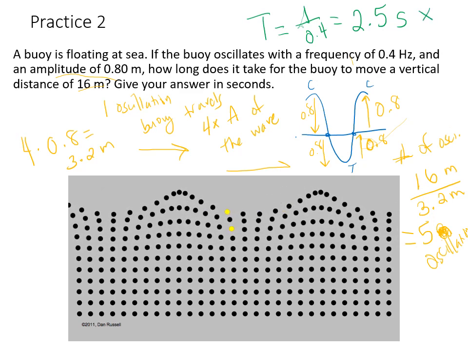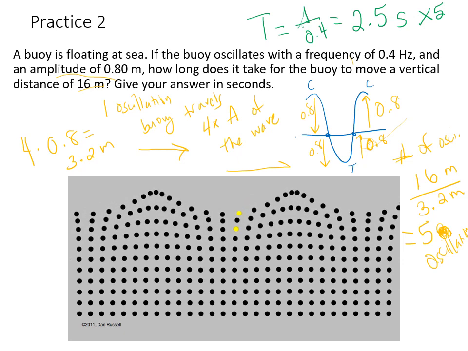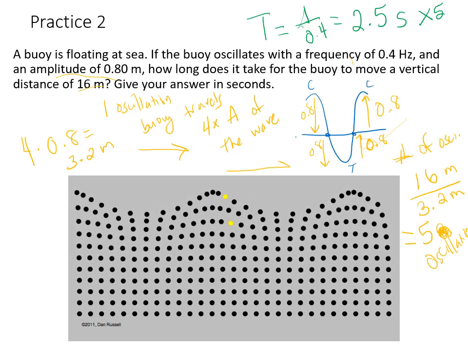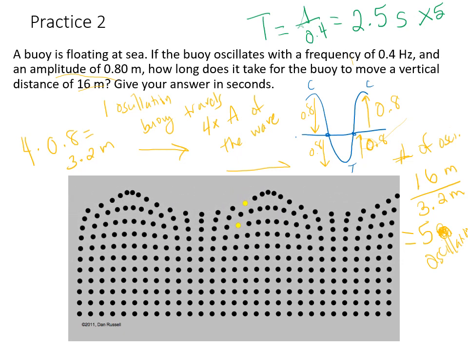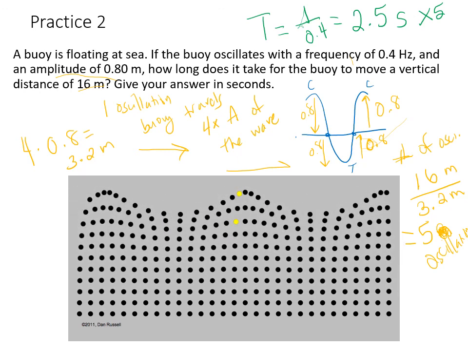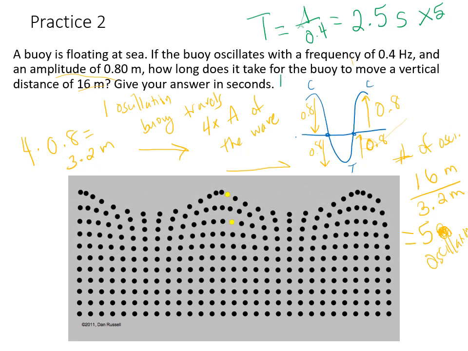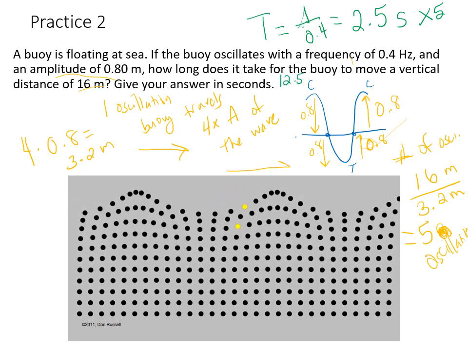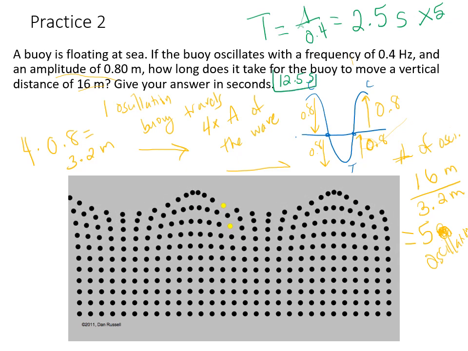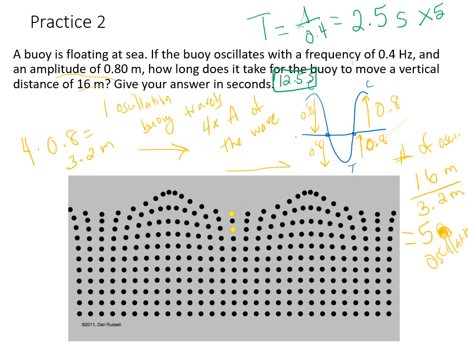So if I multiply this by 5, I can see that the total time it takes for the buoy to travel a vertical distance of 16 meters is 12.5 seconds. Hopefully you all can see that. That's the total time.